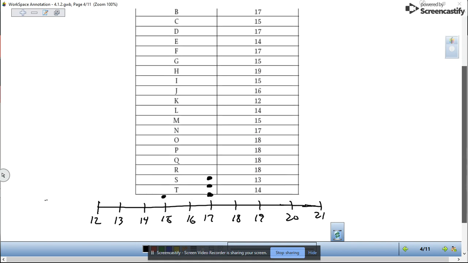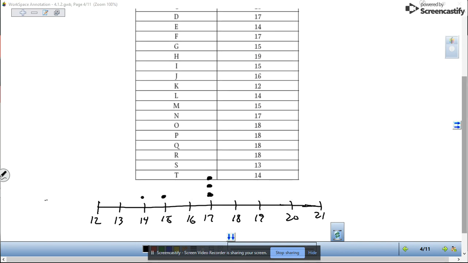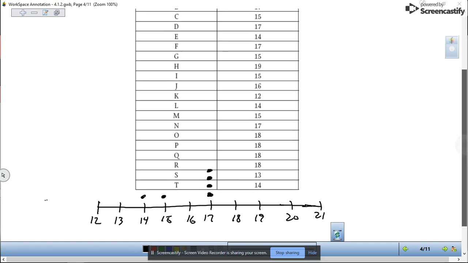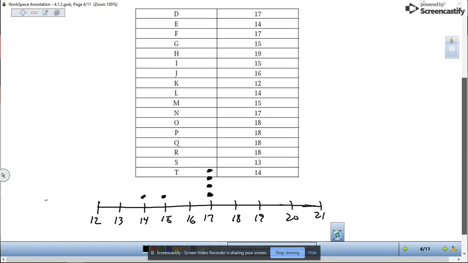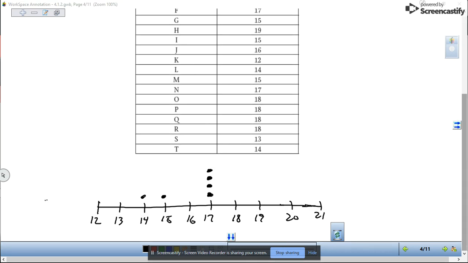So now 14, 17. All right. So 14 and 17. I know it's running into it, so it's a little hard to see, but I need to be able to see all the numbers here. All right, so where are we at? 14, 17. I think I can scroll down. So now we got 15 and 19. So there's another one at 15 and one at 19. And then 15 and 16.